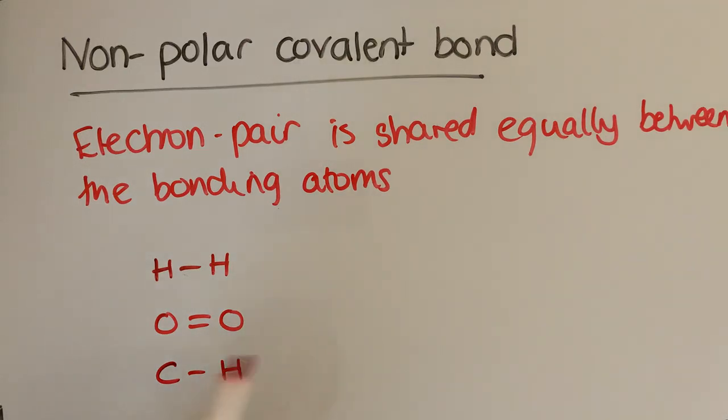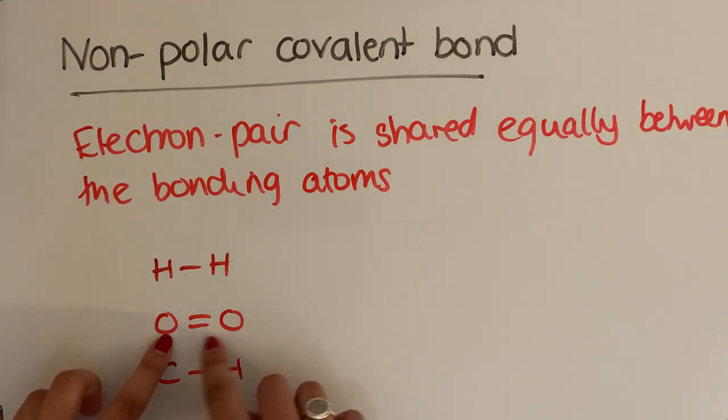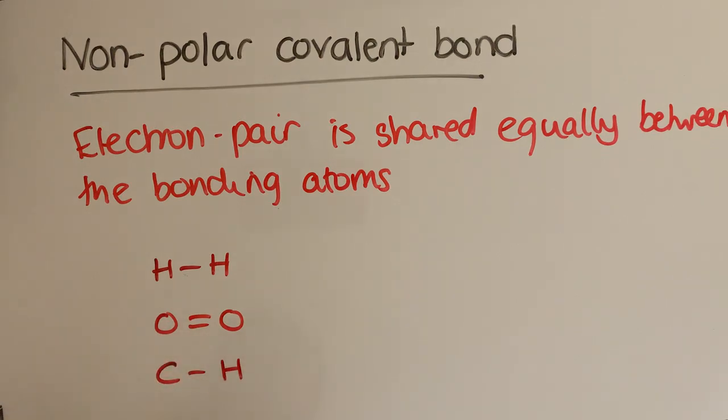The electrons aren't leaning more towards one atom, they are right in the middle. Same thing happens in oxygen. Because they are the same atoms on either side, the bond between the oxygens is classed as a non-polar covalent double bond.